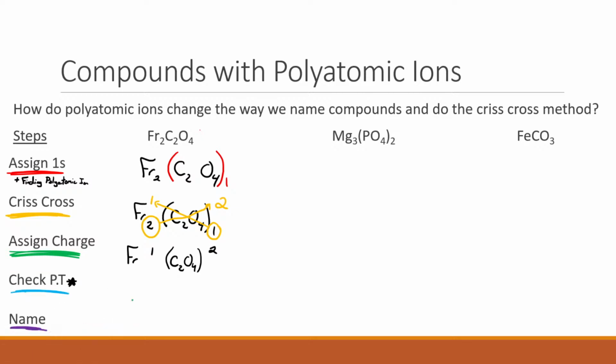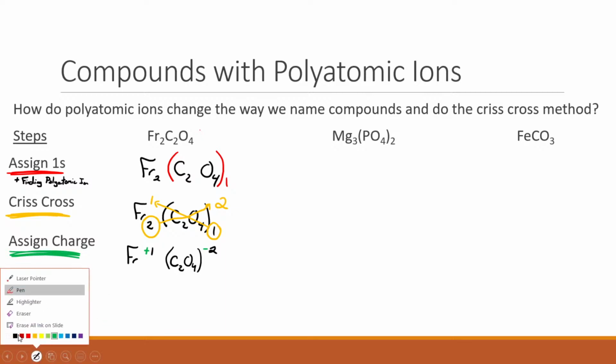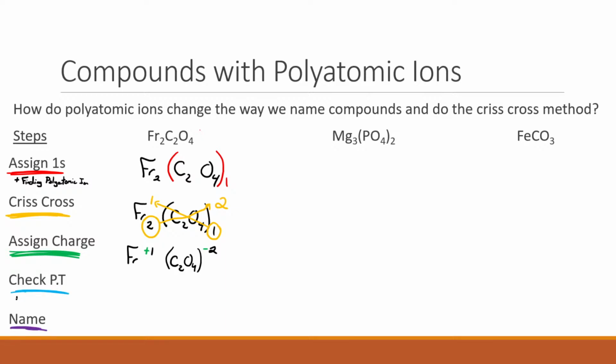We know our first ion is always positive, second is always negative. And then we're going to check the periodic table. And this is the other piece I starred here, the other piece that's a little bit different. When we check the periodic table now, we're also going to check table E. Because while we can find francium on the periodic table, we can't find a polyatomic ion, something that's made up of multiple elements, on the periodic table of elements.